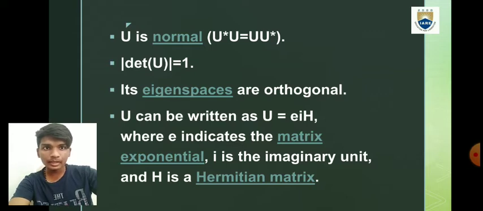Its eigenspaces are orthogonal. U can be written as U equals e to the power iH, where e indicates the matrix exponential, i is the imaginary unit, and H is a Hermitian matrix.